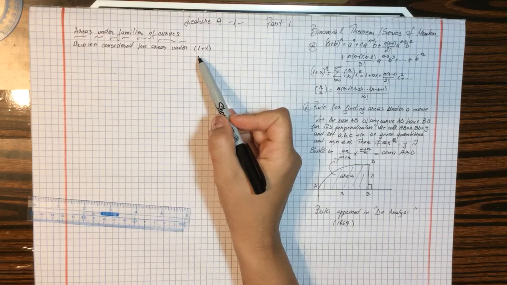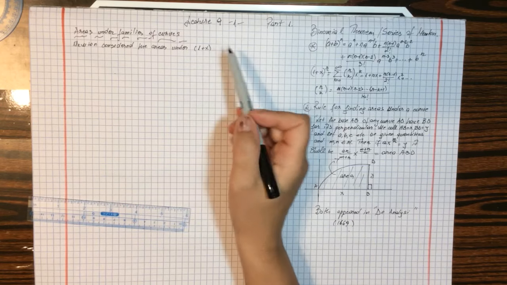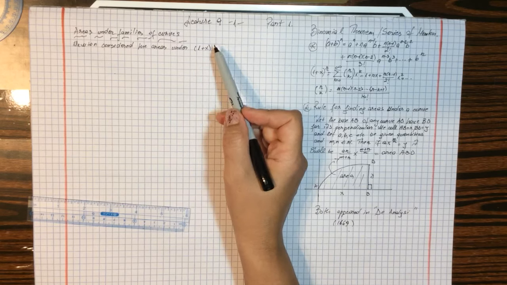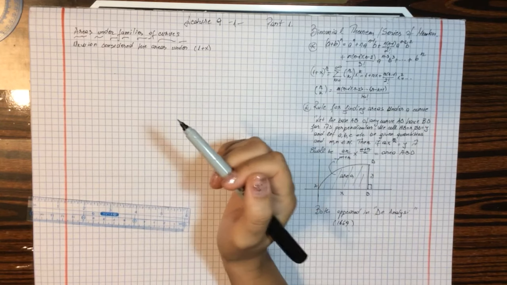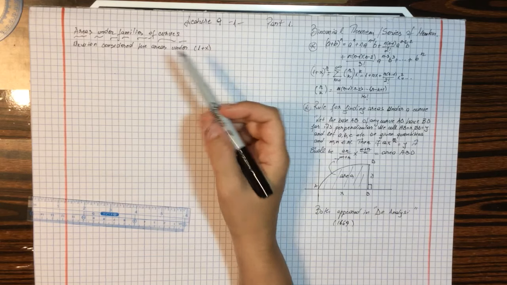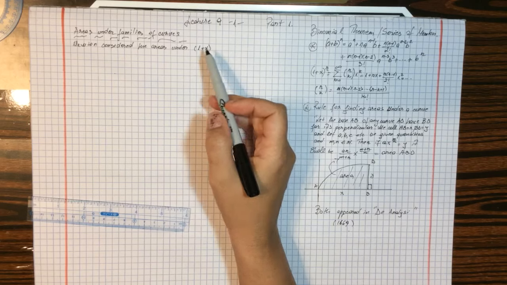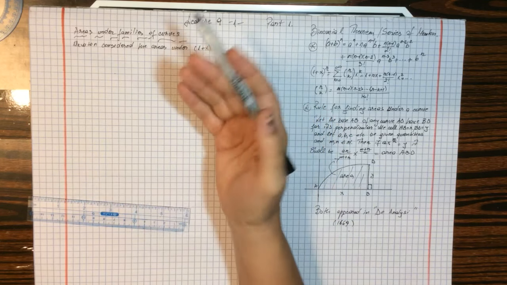For example, 1 plus x, when you draw the graph of that, it's a straight line. 1 plus x to the 2, it's a parabola. 1 plus x to the 3 also looks like a parabola. 1 plus x to the power 0 is just 1 and it's just a straight line. 1 plus x to the power minus 1 will look like a hyperbola.